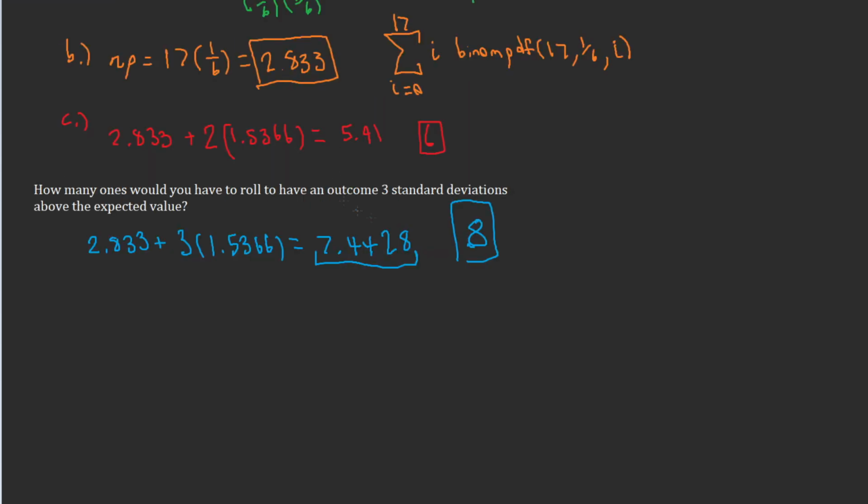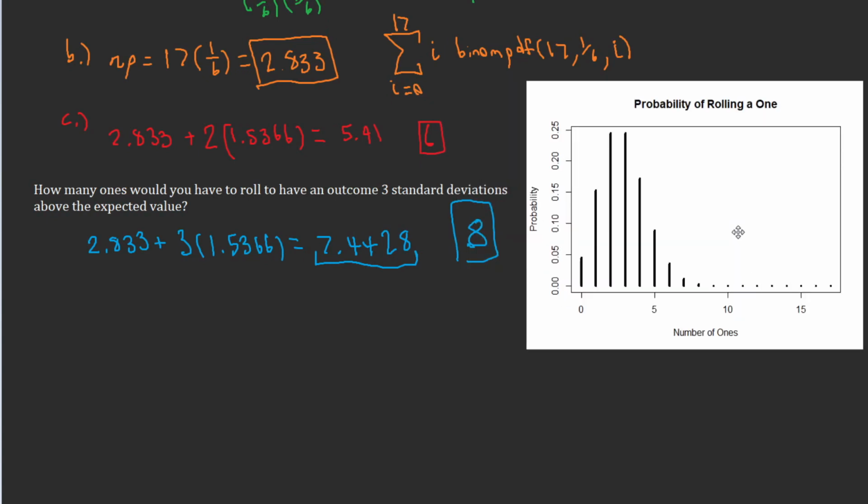And just as a final little point here, I actually graphed this probability distribution, and you can start to see now that we have 2 values here. The point on this graph that would be within 2 standard deviations of the mean is going to be 6. It's going to be this outcome right here. And so it looks like this is going to be 2 standard deviations within the mean, which seems to be resting right about here.